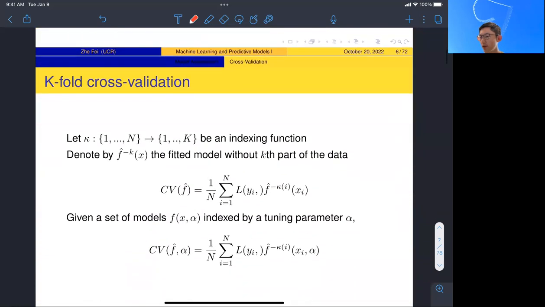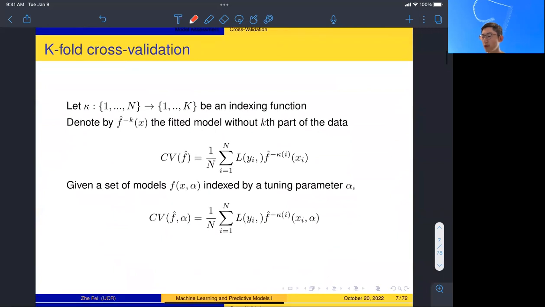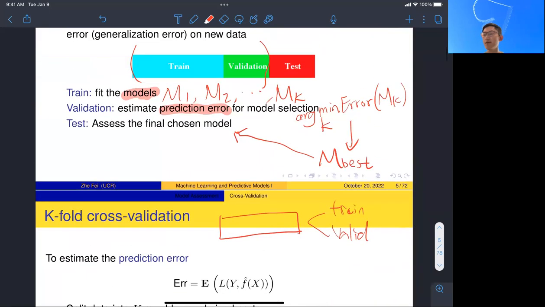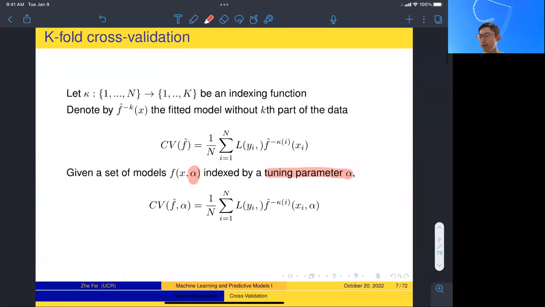Based on k-fold cross-validation, we could choose, or optimize, any given tuning parameter. Here the tuning parameter alpha corresponds to the different models that we consider.